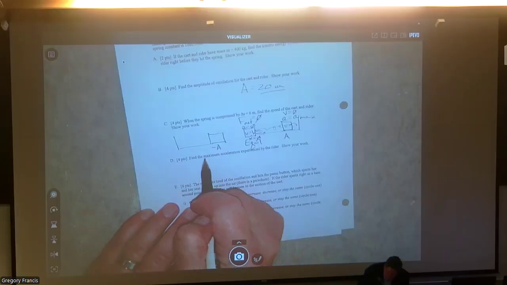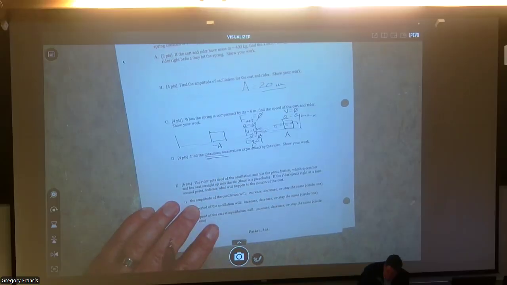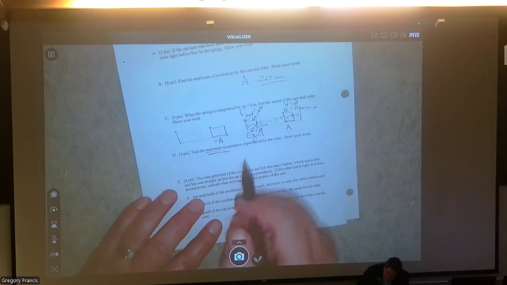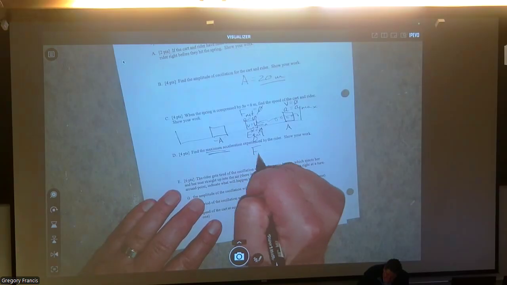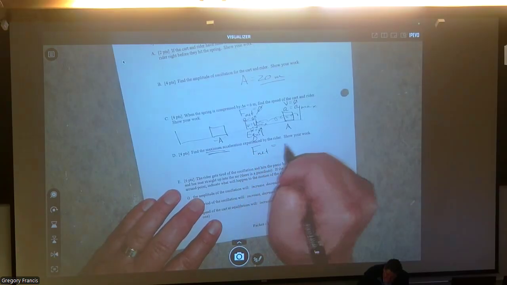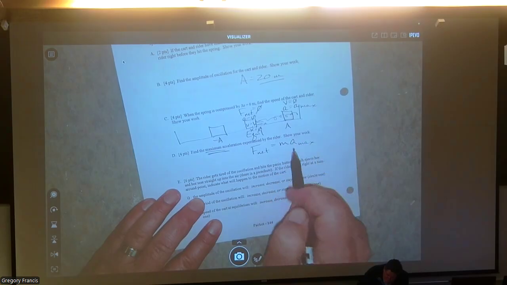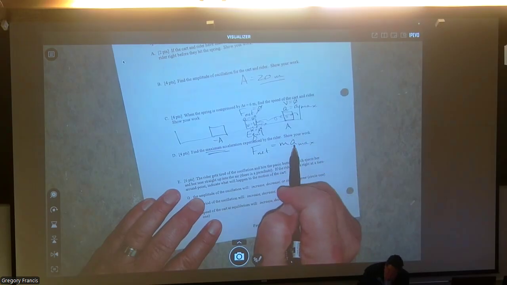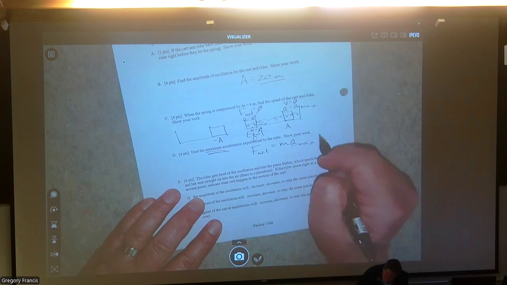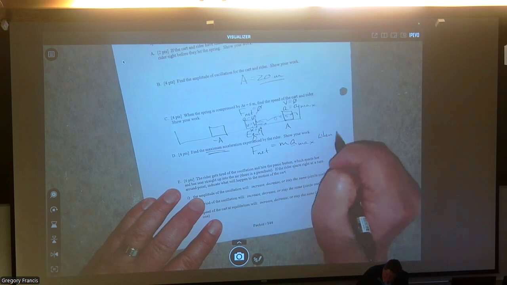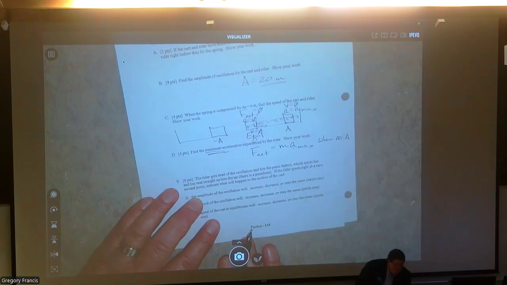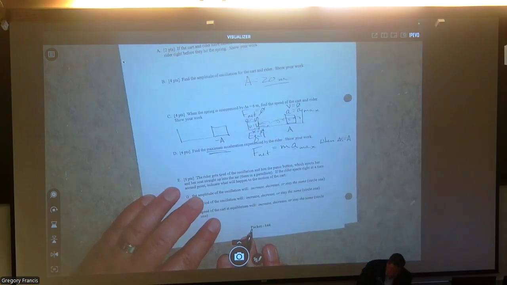And so if I want the maximum acceleration, I'm going to use Newton's second law. This is a max when delta S is equal to A, or at the turnaround point.